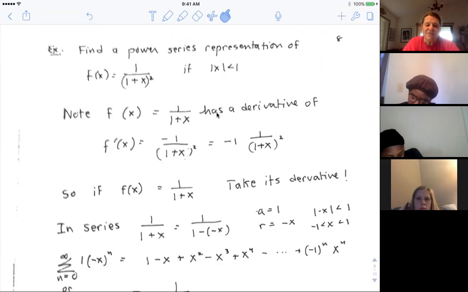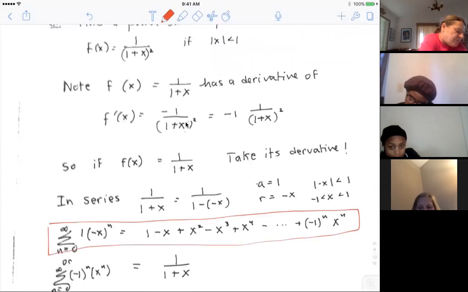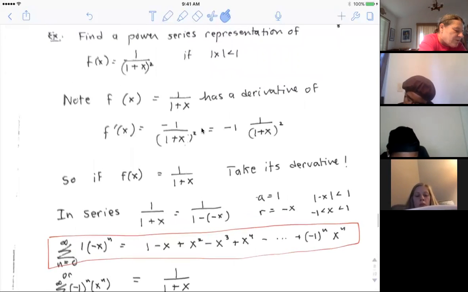So if this is the function, and I want to find this, then what I would do is take a look at the series. I'm going to write this one. It's a geometric series again that looks like this. All right. And what I'm going to try to do is, again, let me write down what I know because I'm going to scroll away from it in a minute.